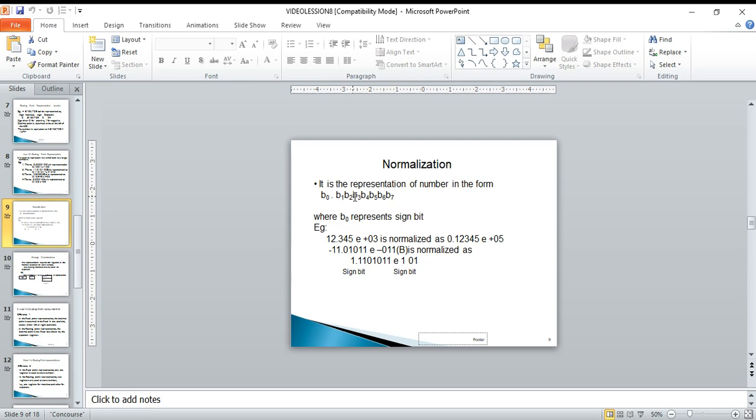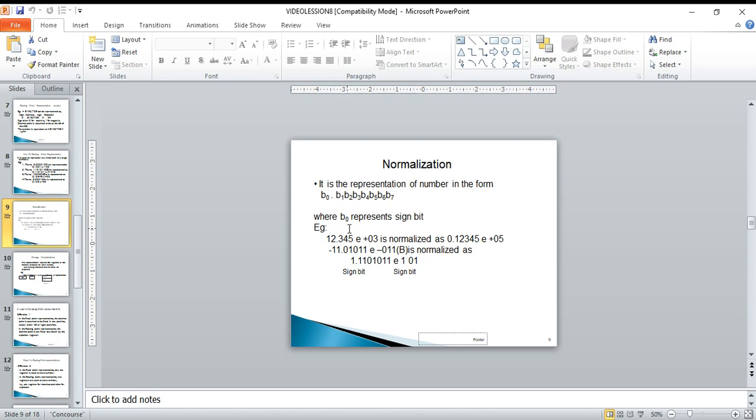For example, if you are adding two fractional numbers, after performing the operation, the result should be in this form. So b0 is the subscript, it represents the sign bit. These bits are the magnitude bits.